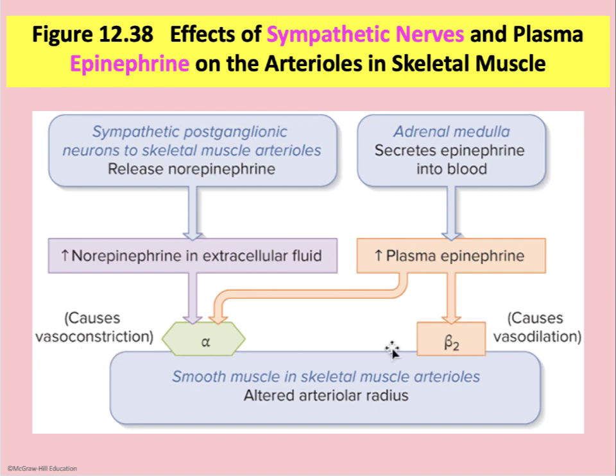Vasoconstriction and vasodilation of skeletal muscle arterioles can be accomplished by changing the diameter of the smooth muscles in the arterioles feeding those locations. So epinephrine causes an effect on both, whereas sympathetic postganglionic neurons are able to cause vasoconstriction.